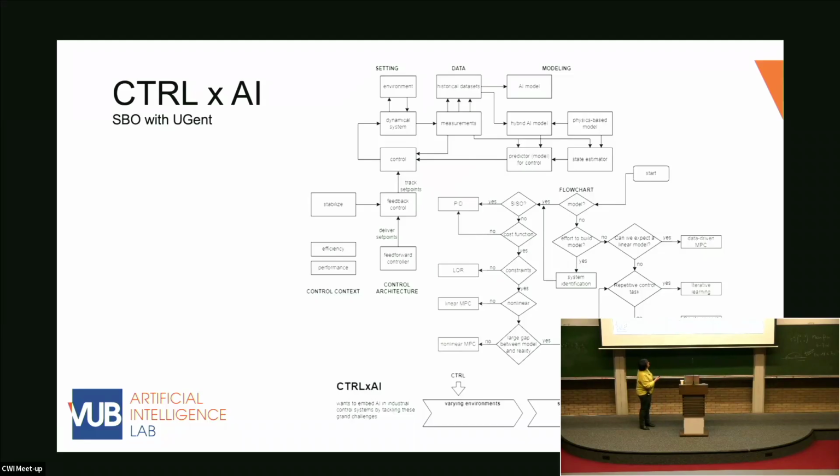It starts here. The first question is, do you have a model? If you have a model and it's a simple single input, single output system, then you can consider your PID controller. But if there's no model and it's hard to build that model, then we can go here. We need a repetitive task to apply reinforcement learning.